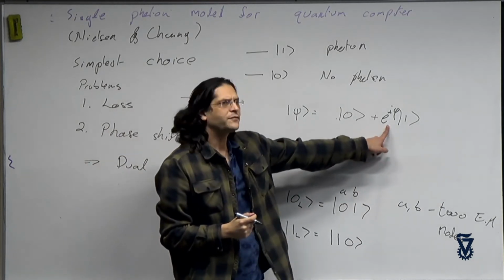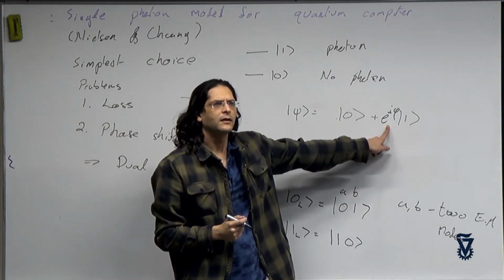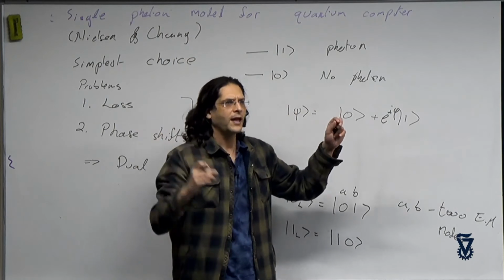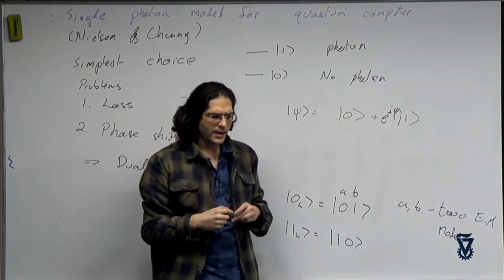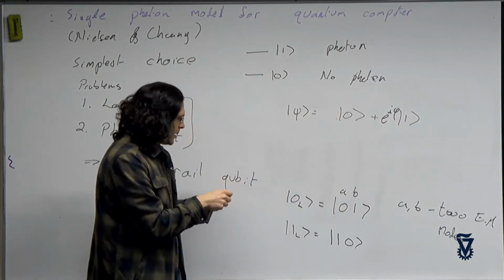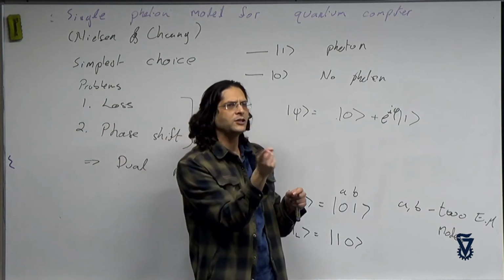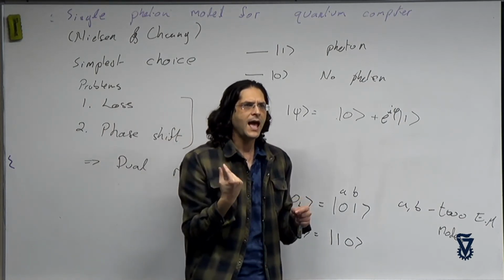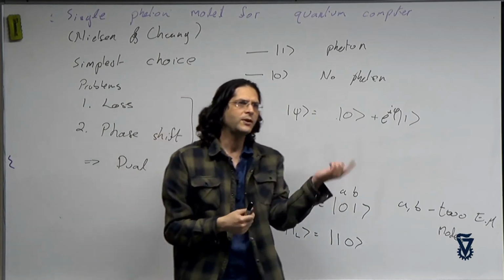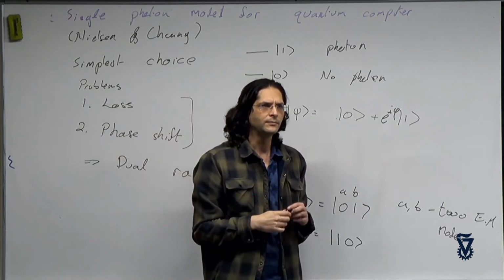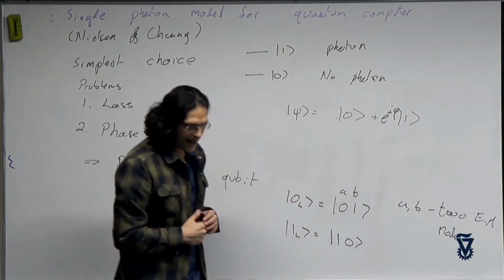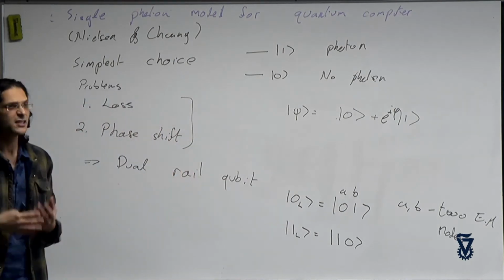And now this phase is propagating. So basically as it's propagating, you're getting these rotations around Z. And now you have the extra overhead, which is that you have to keep track of these rotations around Z. It doesn't kill you.